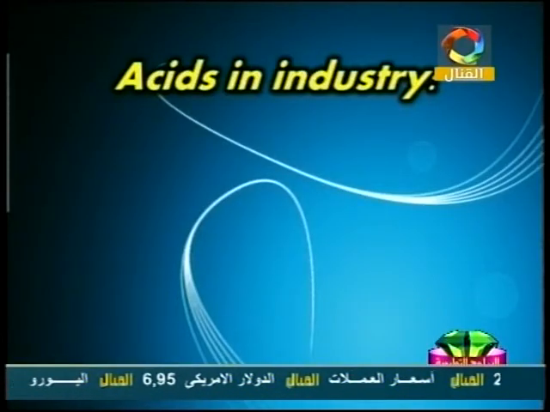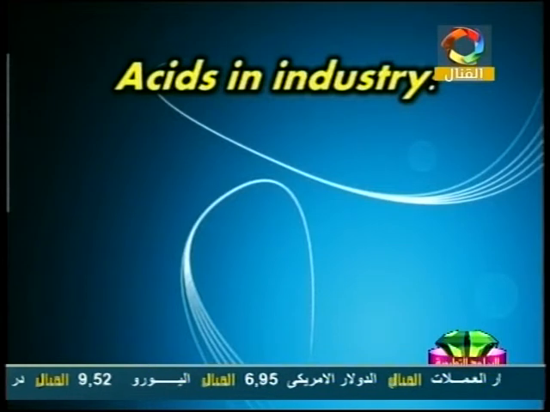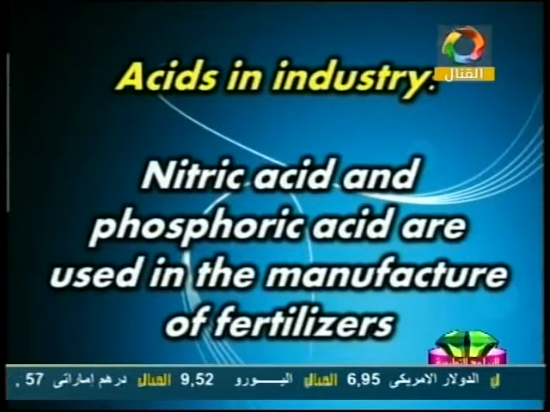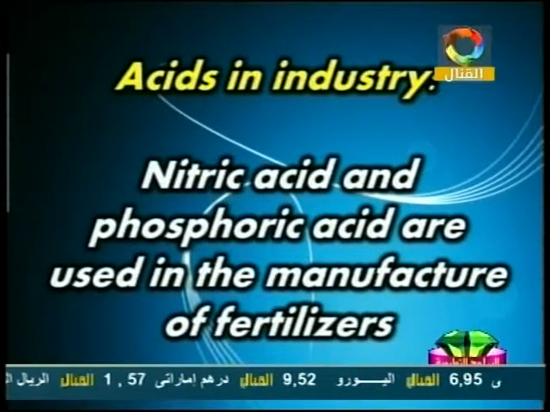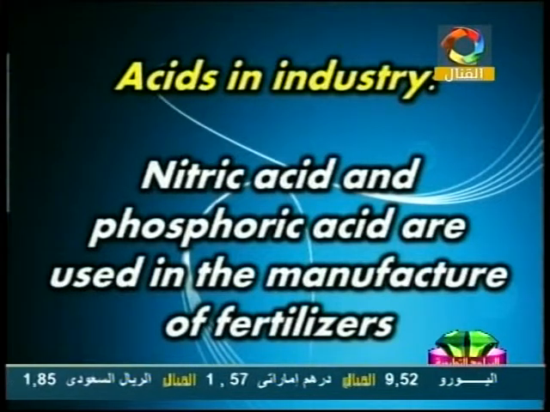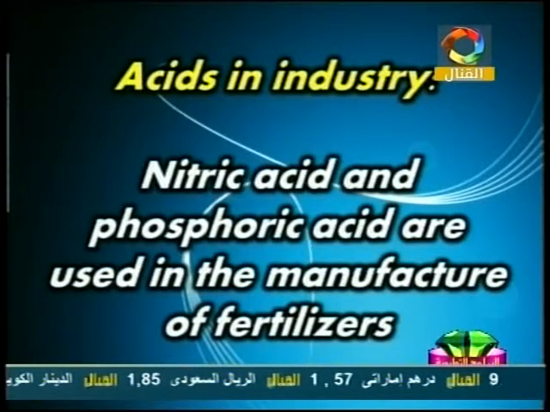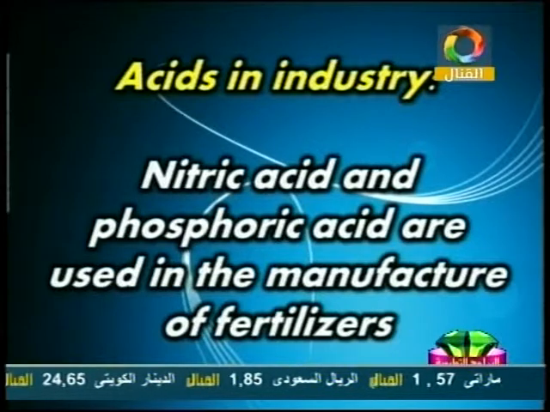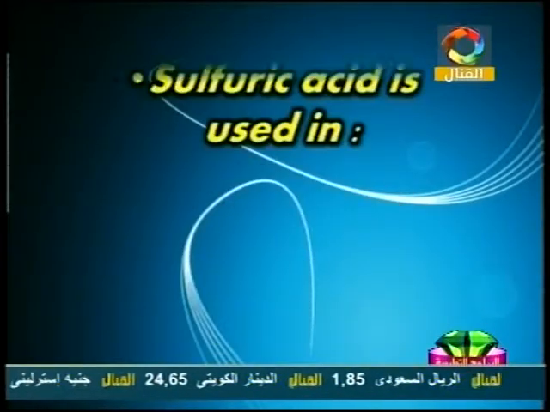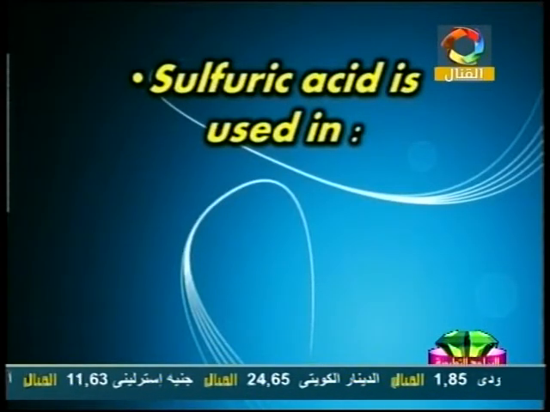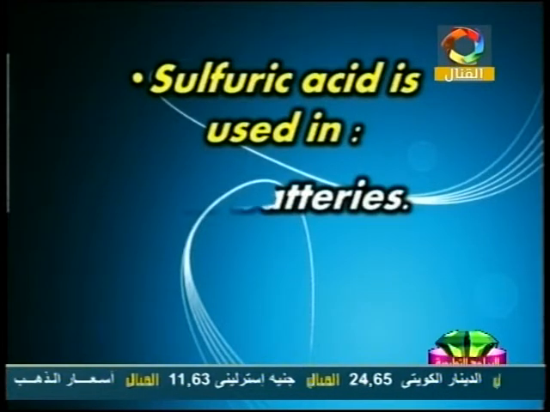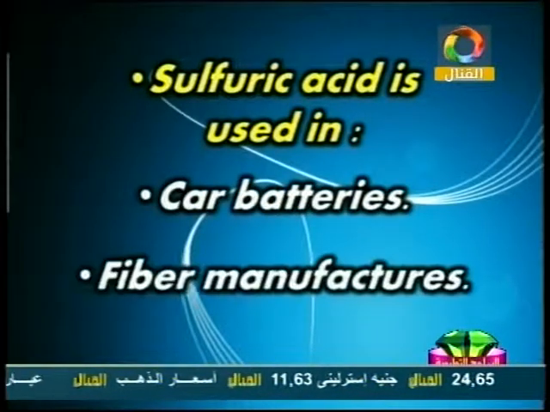Look at this. Acids in industry. Yes, nitric acid, for example, and phosphoric acid are used in the manufacture of fertilizers, which are important for the soil. Also, sulfuric acid is used in car batteries.